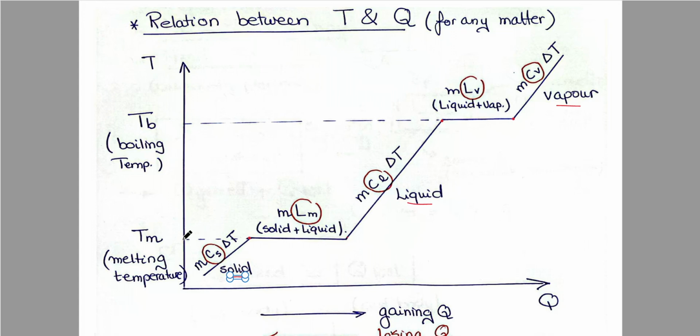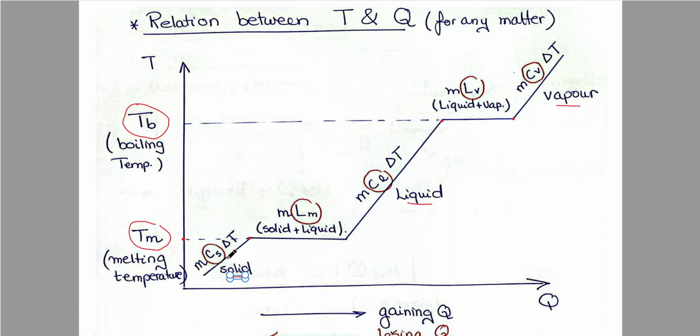This point is called the melting temperature. We don't know for this matter what its melting temperature is, but for water it's known at 0. So according to the type of matter you have, you will find its melting temperature. And this is the boiling temperature, at which we convert from liquid to vapor.